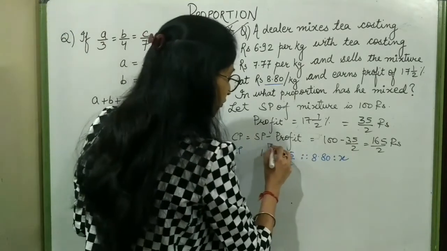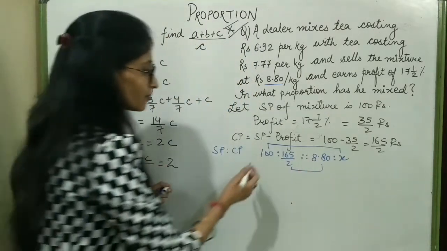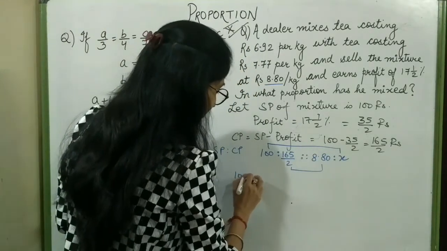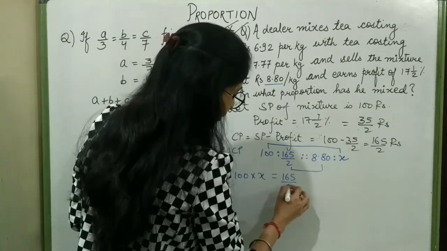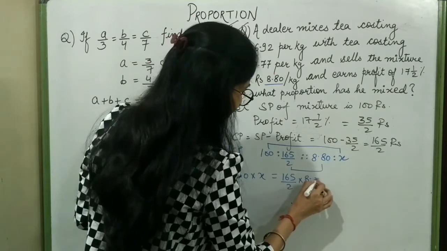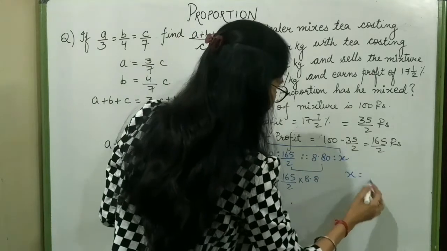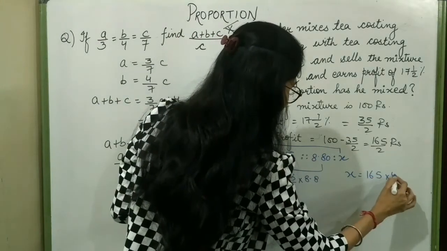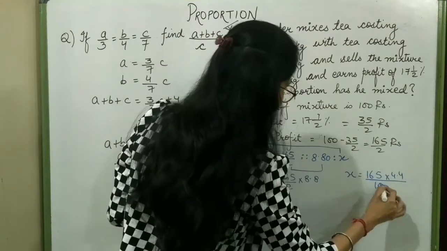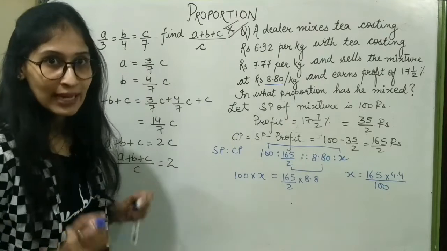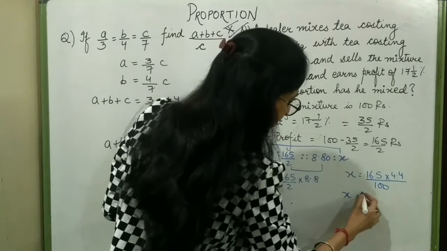Again, product of extremes should be equal to product of means. Here, 100 into X will be equal to 165 upon 2 into 8.8. So, value of X will be 165 into 4.4 upon 100.